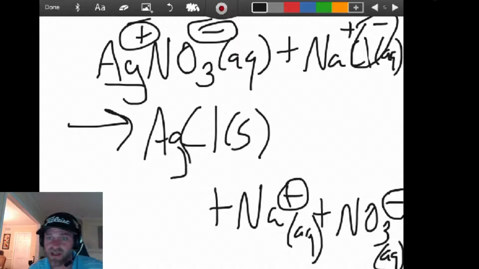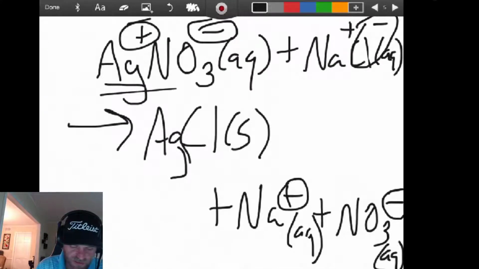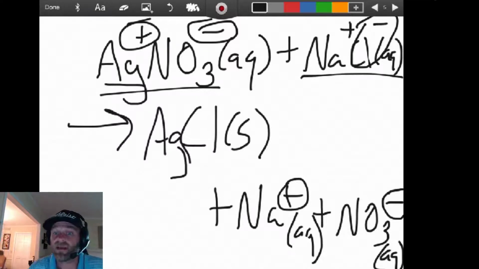Now I want to break it down into an ionic equation. Okay? So what does that mean? That means I'm going to make all of these original ones, AgNO3 and NaCl, I'm going to break it down into ions in the beginning. And everything's going to be in terms of the plus and minus charges or the ions. Okay? So Ag plus AQ.